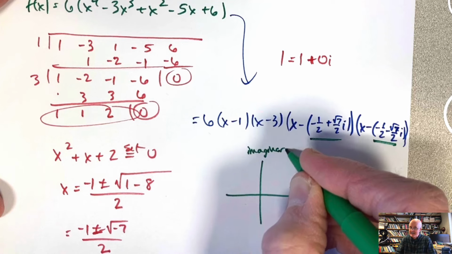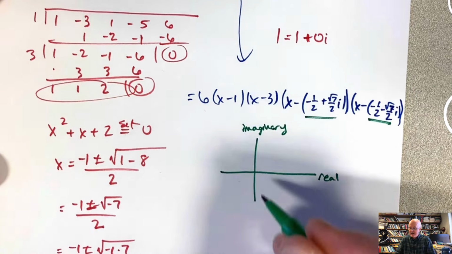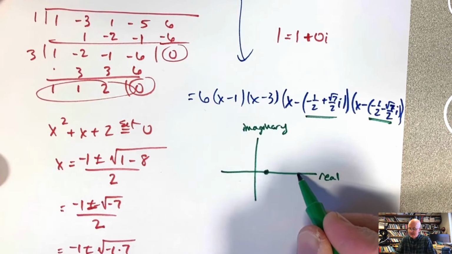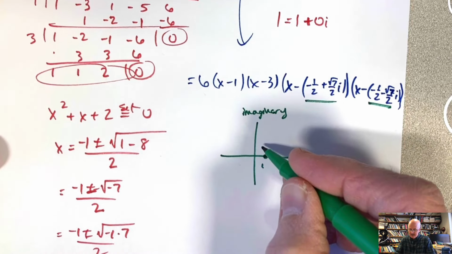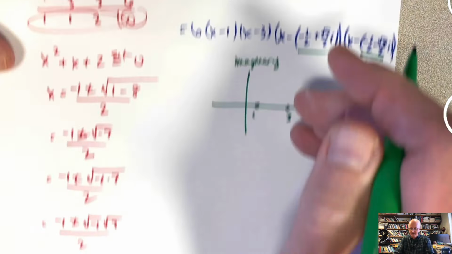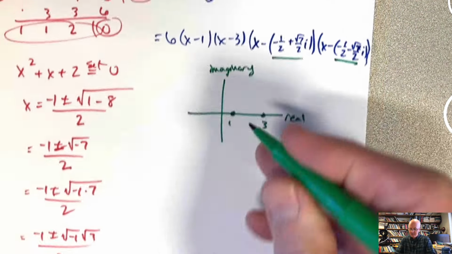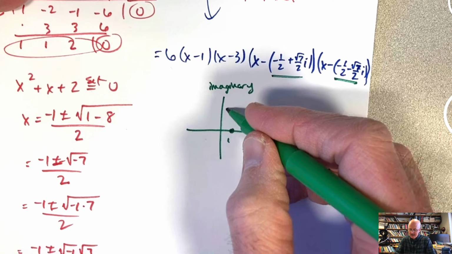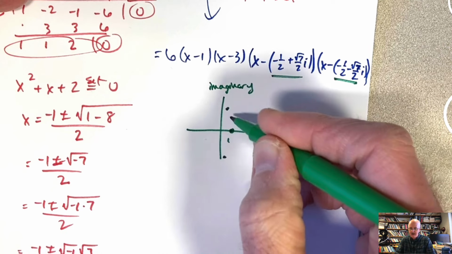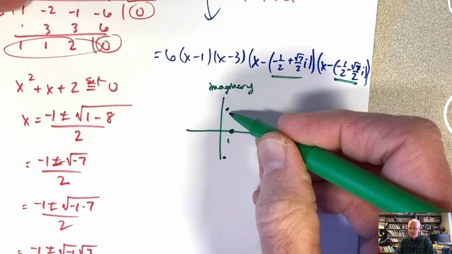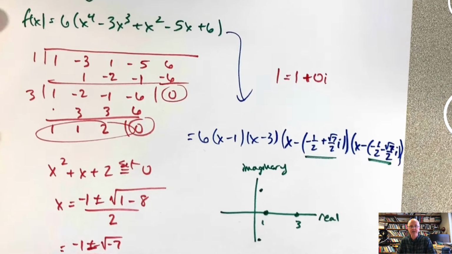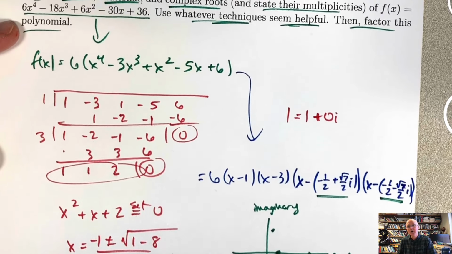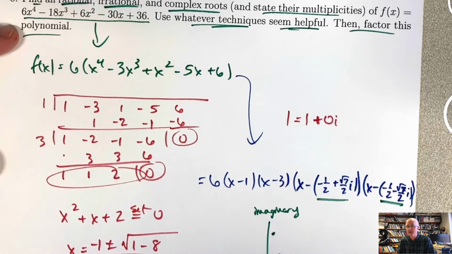But that imaginary axis is there, I drew it. 1 and 3 are roots. And these 2 complex numbers, here again are their approximate values. Going to be right around, say, here and here are roots. They're complex conjugates. They are reflections of each other across the horizontal real axis. And again, that will always happen. They will come in complex conjugate pairs when your polynomial has real coefficients.